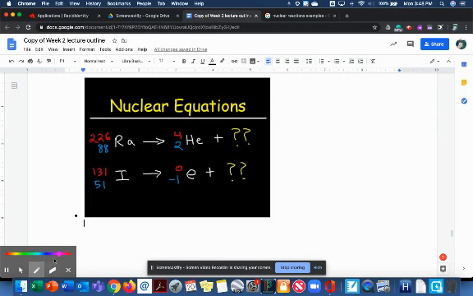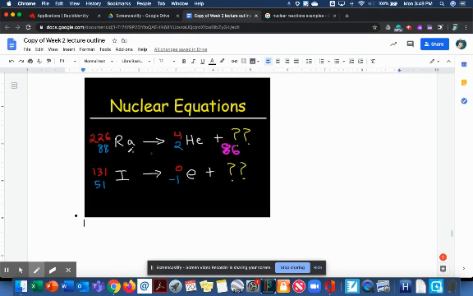Okay, so let's look at some examples where, okay, we have radium-226 and 88, right, and there's a missing particle. So we know that the mass numbers and the atomic numbers have to add up. Well, we have 88 on one side, and we have only 2 on the product side, so we need 86 more protons.